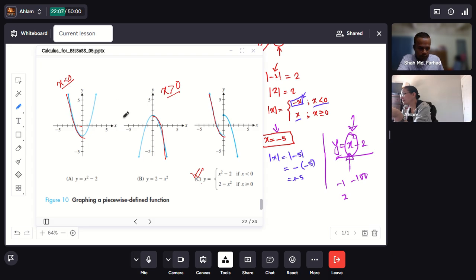Minus infinity to positive infinity, since the graph extends up to infinity.